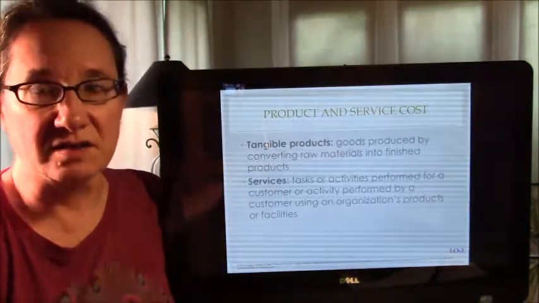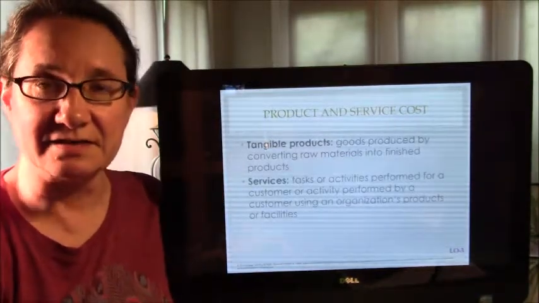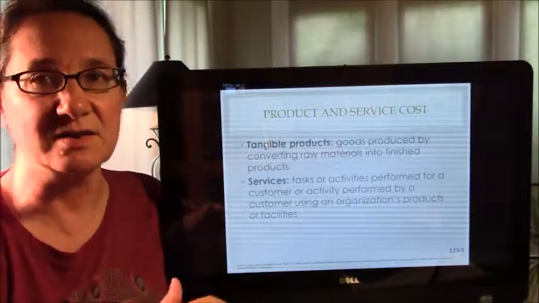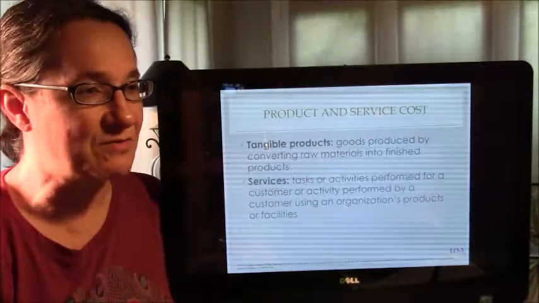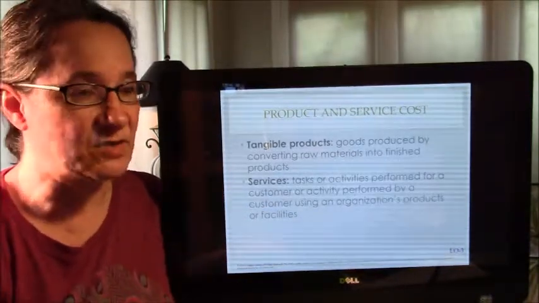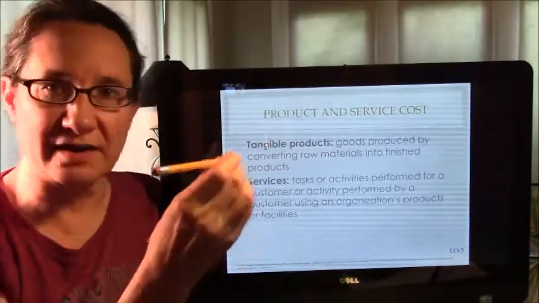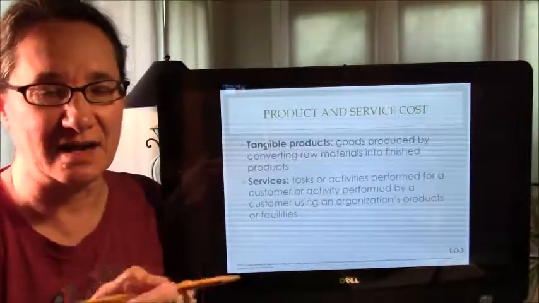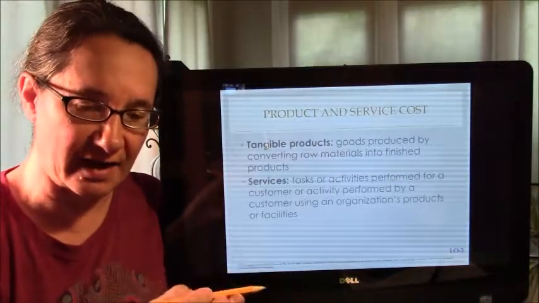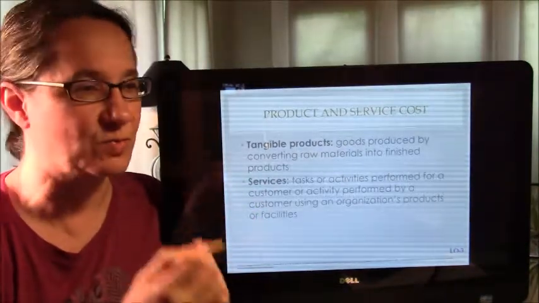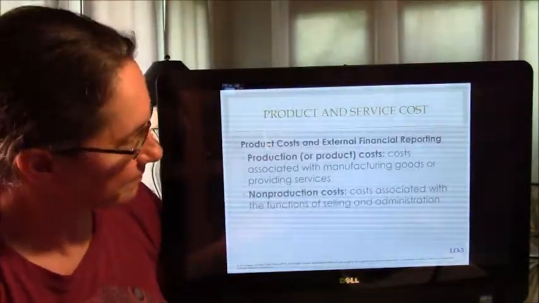If the university wanted to price the service of providing training and teaching to students, they might take my salary and the cost of maintaining the computers and the cost of a building, and they would figure out the cost of that service, but certainly there's not any product, right? So that's a service. A tangible product, here's your pencil, right? It's a thing, you make it, you can say, oh, it's got a certain amount of direct materials, it took a certain amount of direct labor, there was some overhead, and we got a pencil in the end, right? So product, service, pretty simple concept. I'm sure you get that, no problem.